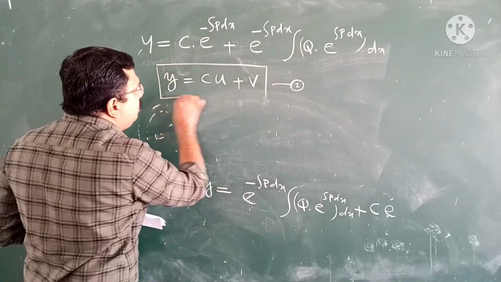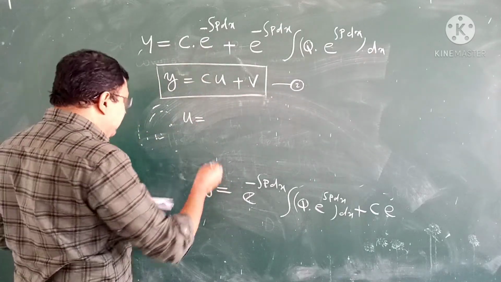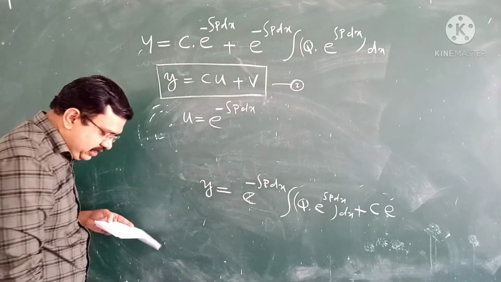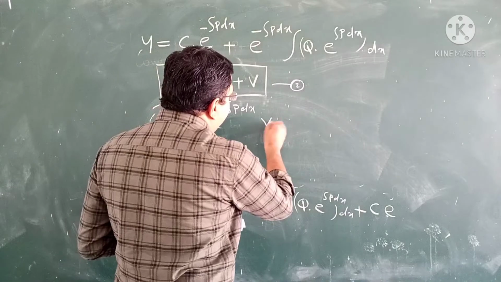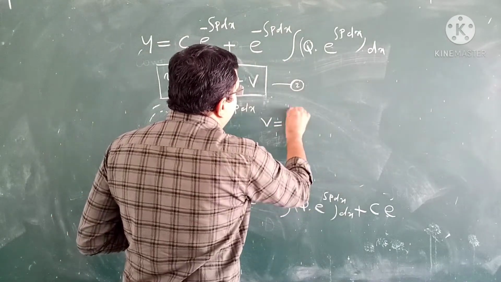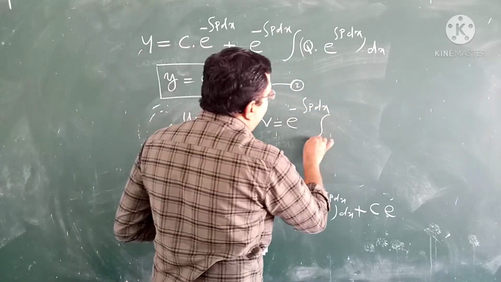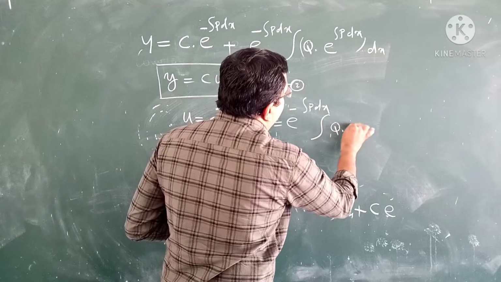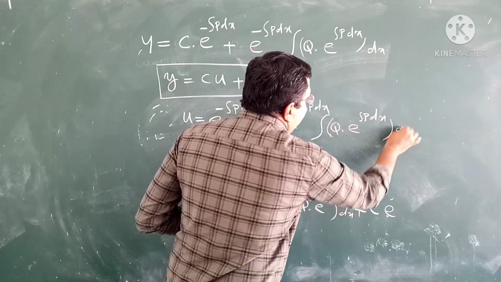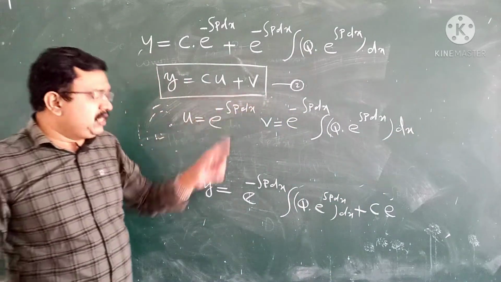Remember that u equal to e raised to minus integral p dx and v equal to e raised to minus integral p dx into integral of q into e raised to integral p dx. That is y equal to cu plus v.